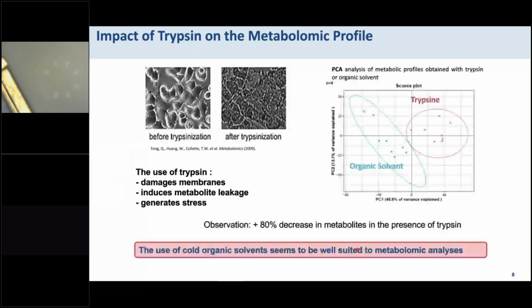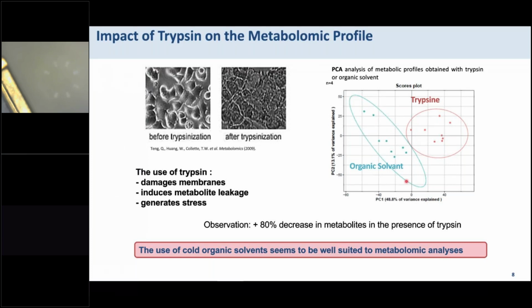So by applying these two methods and looking at the associated metabolic profile, we can quickly observe via principal component analysis that the two profiles are quite distinct. Here in red, we have the samples harvested by trypsin, and here by organic solvent.